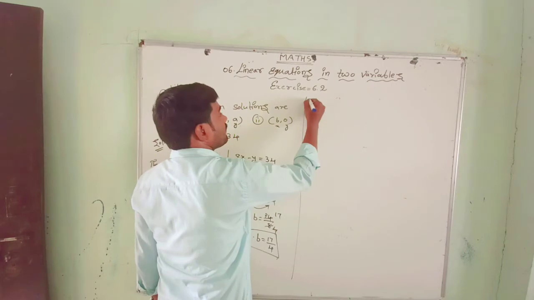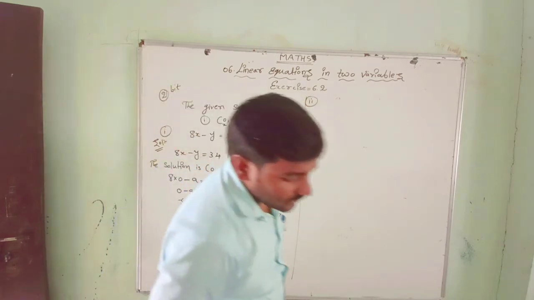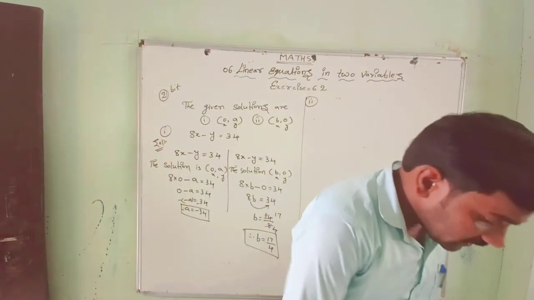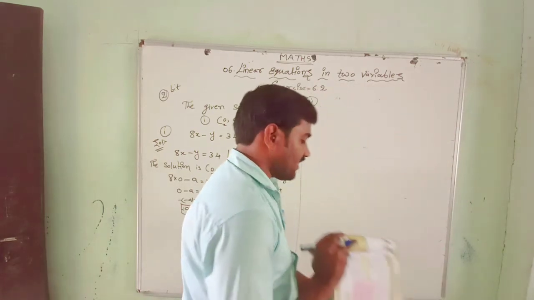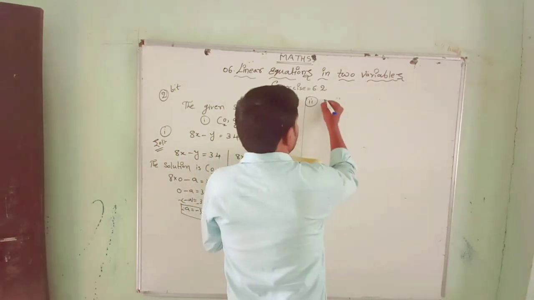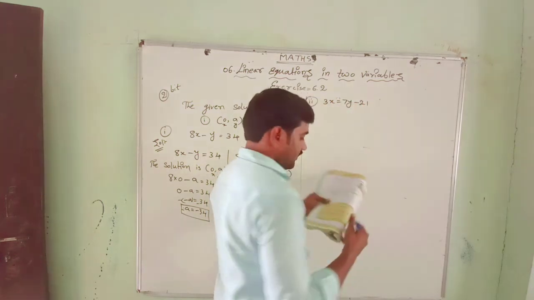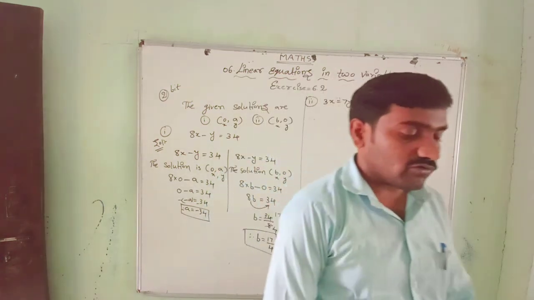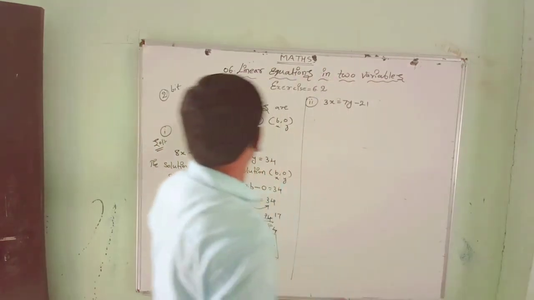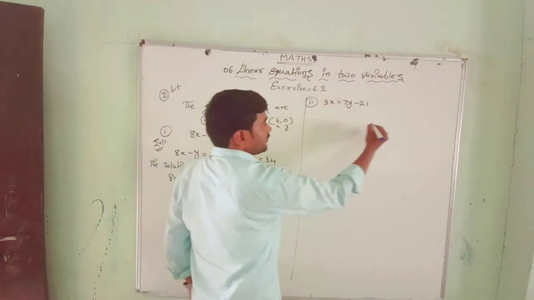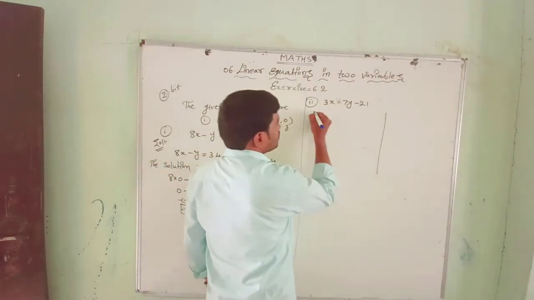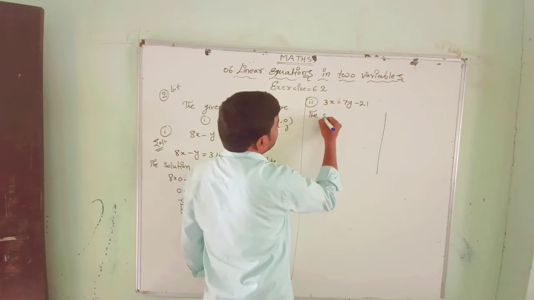Then the second question here: 3x equal to 7y minus 21. We have to find the solutions again. The first solution we do here.